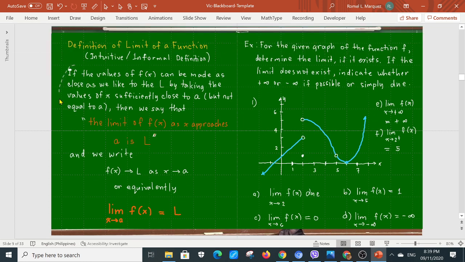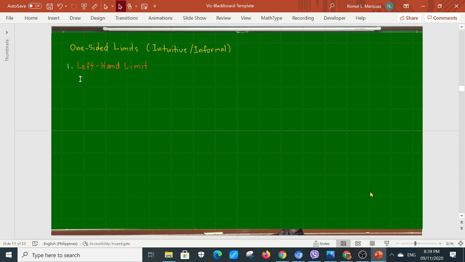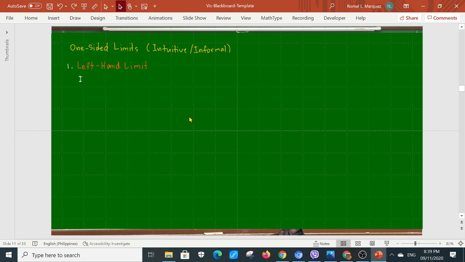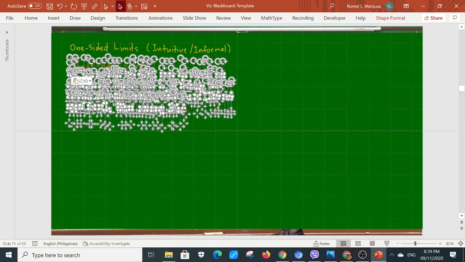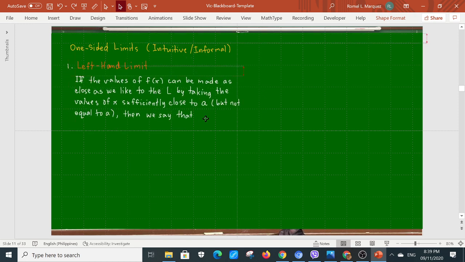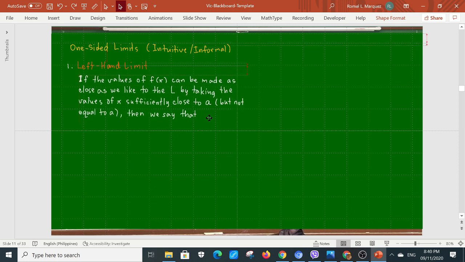You just copy this, and then meron lang tayong a little to change.